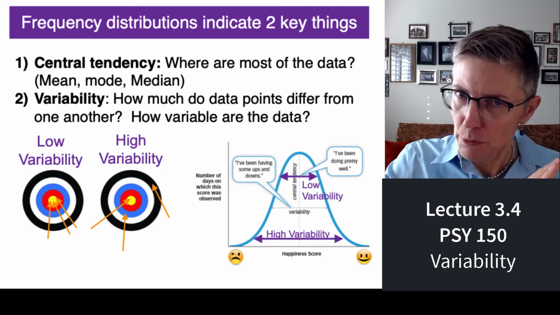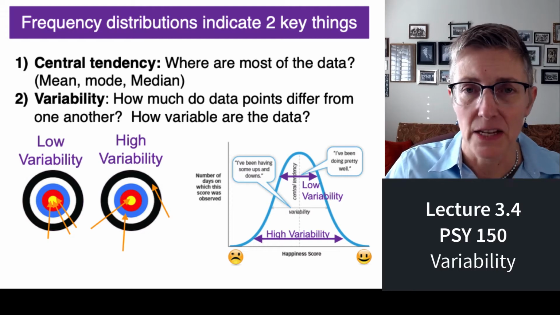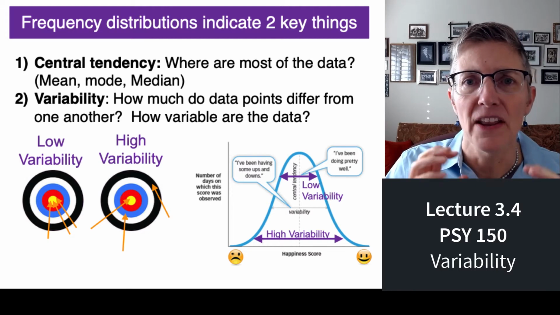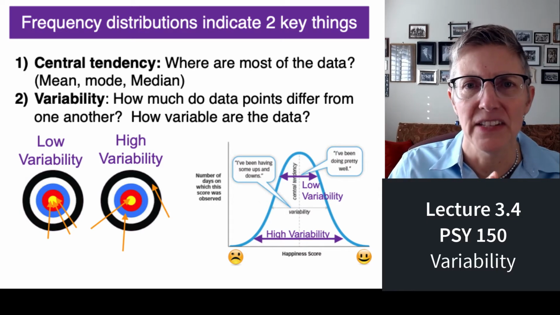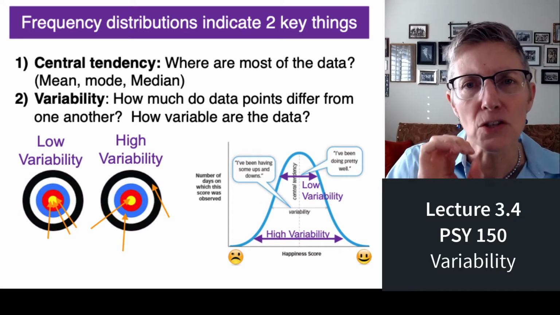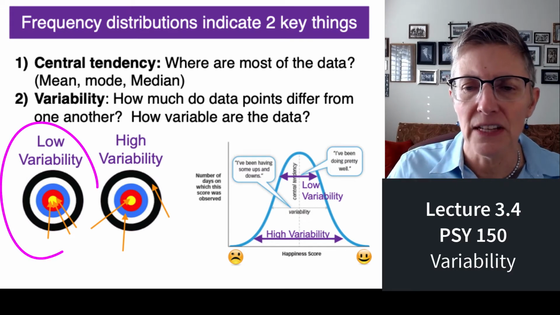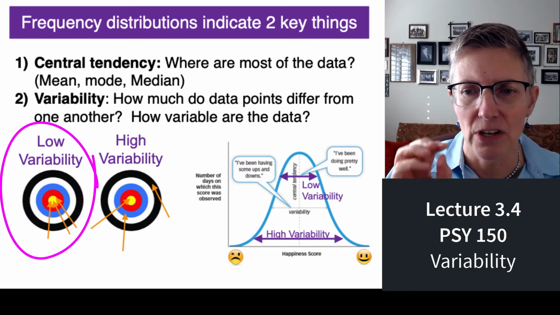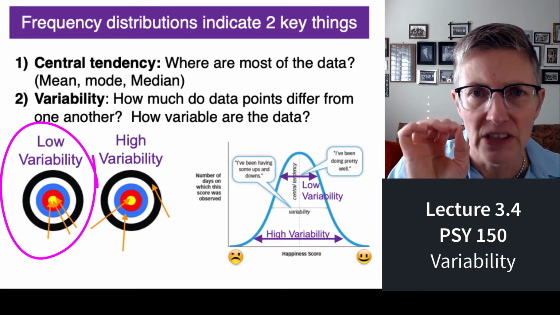Okay, so in the previous lecture, we talked about measures of central tendency. Now we're going to focus on the issue of variability. How much noise is there in the data? If something has low variability, then it's very consistent. And on the left-hand side there, you can see an archery target with 3 arrows, and they're all in the bullseye, and there's little variability.